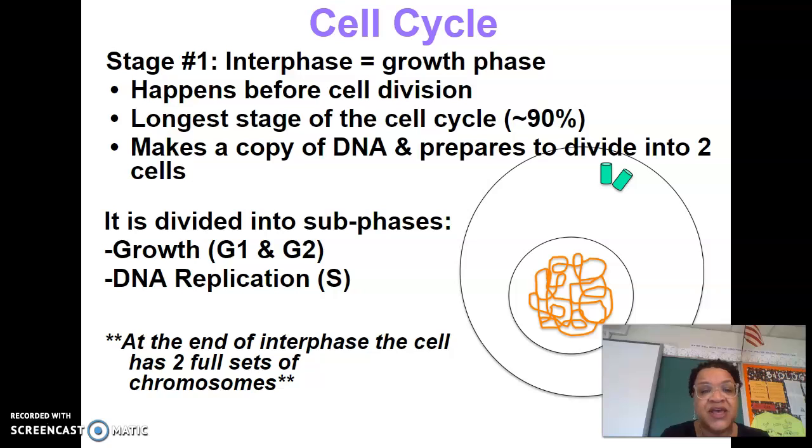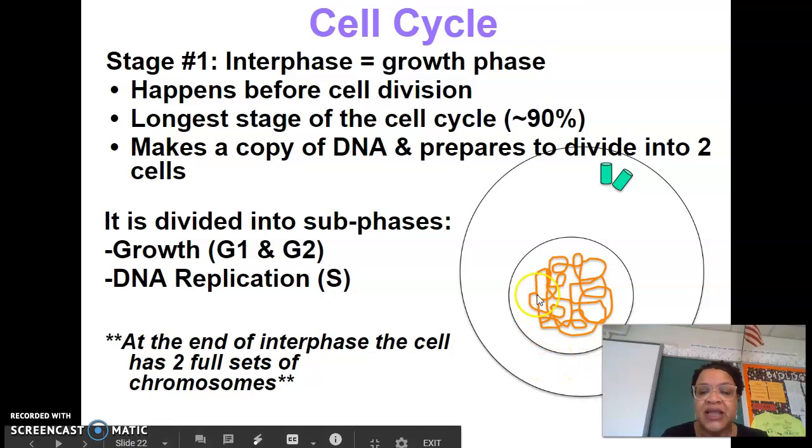Also during interphase, the cell makes a copy of DNA, and that's where it prepares to divide. And remember that that division is called mitosis, and the result is 2 genetically identical daughter cells. Interphase is divided into the subphases of G1, S, and G2. Again, I want you to draw this phase of interphase.